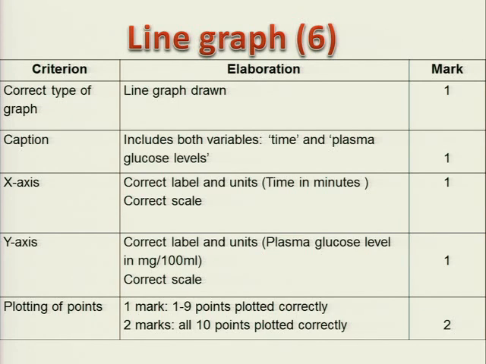Then under plotting of points, if all 10 points are plotted correctly, you qualify for your 2 marks. If 1 out of 9 is correct, then you also get your 1 mark.